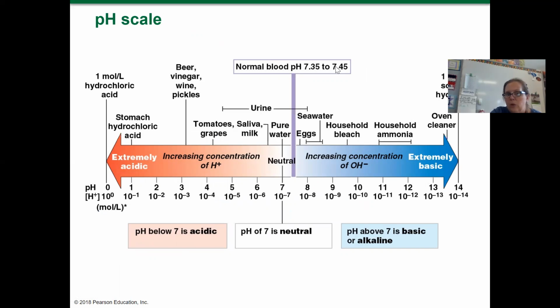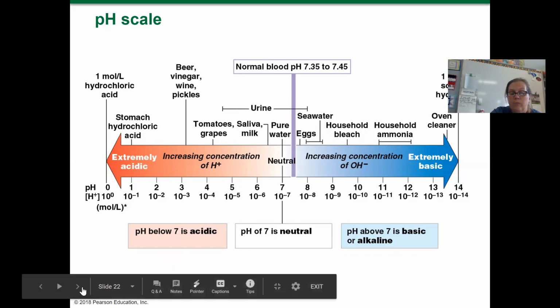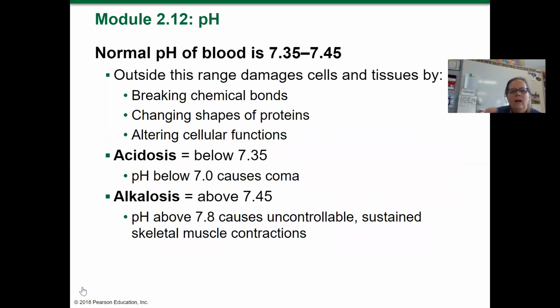Blood is a little bit basic. Urine can vary, there's a range depending on the amount of water that's released. So those are 3 substances in the body that it's important keep their pH. Anything below 7.35 is called acidosis, okay?